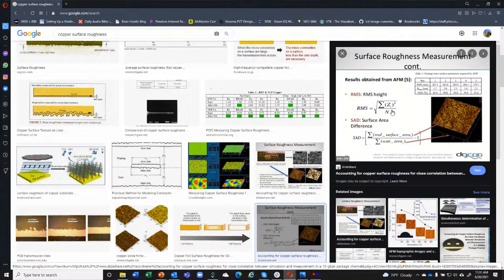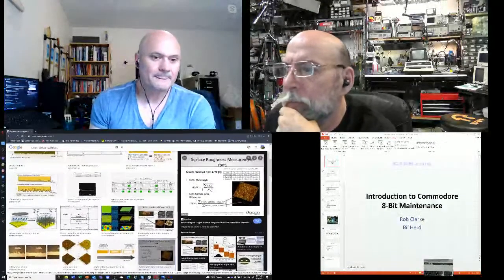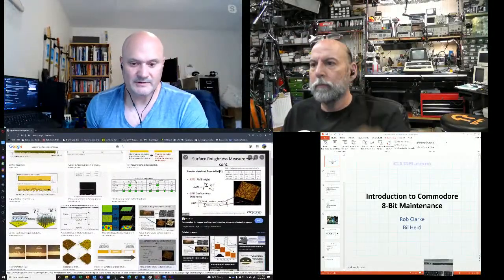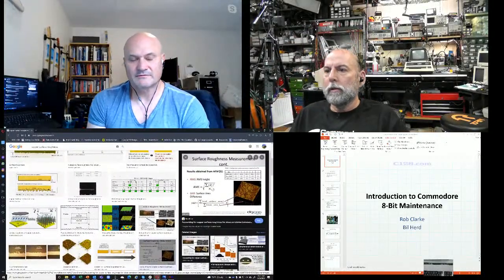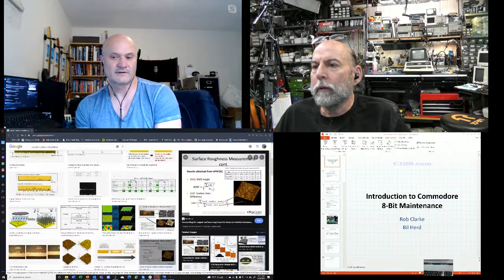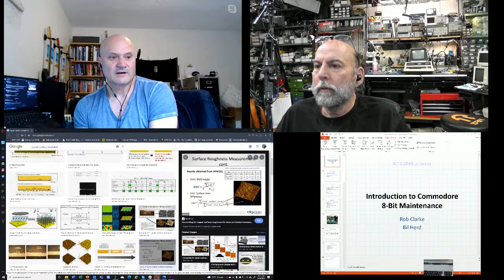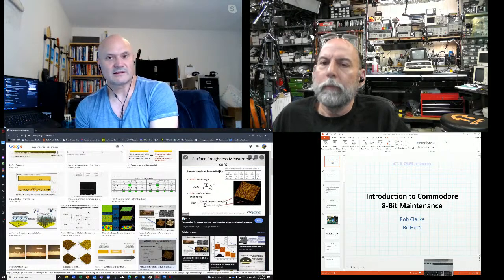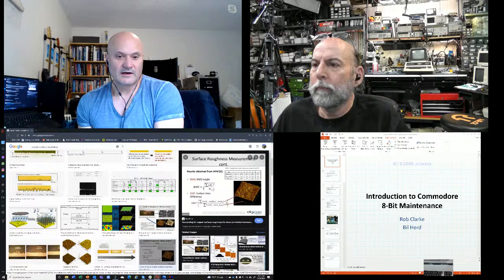If you look at many of the papers developed for impedance calculation, they also talk about loss. And it can also be plugged into different simulators that'll just take the RMS and use a nominal formula to calculate loss.